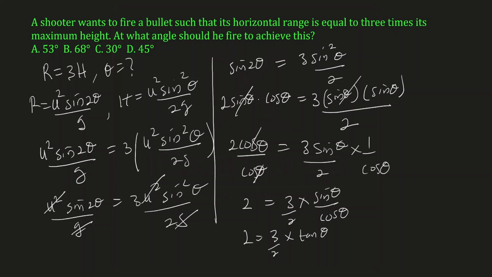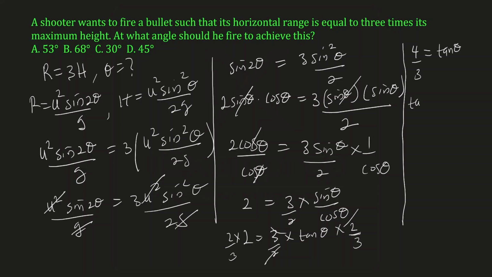Since we are looking for the angle, the first thing I will do is multiply both sides by 2 over 3, so that I can eliminate this. So on the left hand side, I will then get 4 over 3 is equal to tan theta.